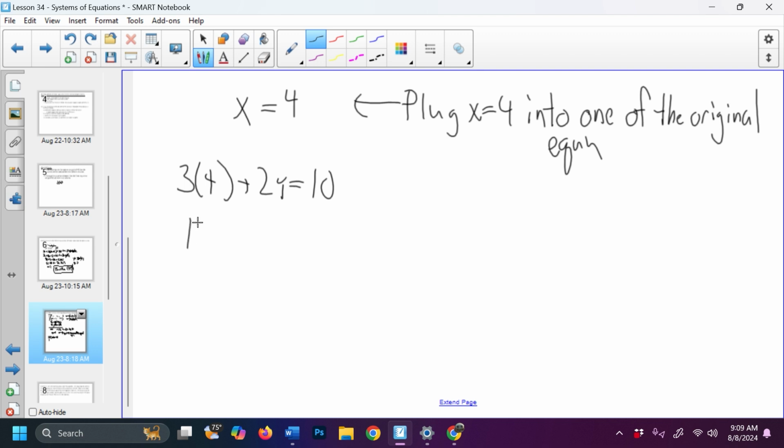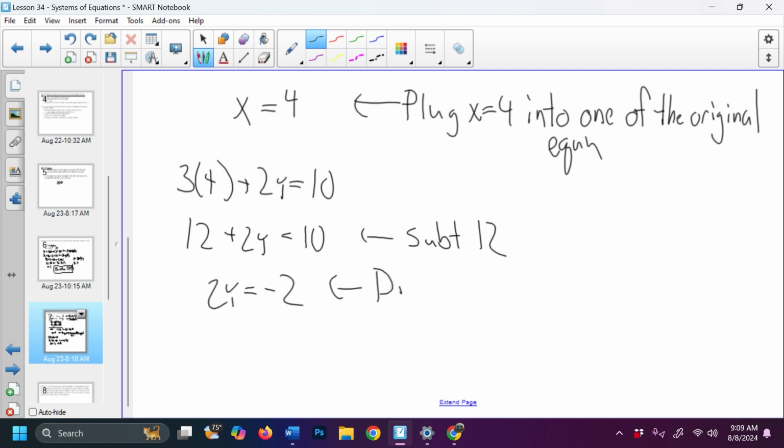And so I'll have 12 plus 2y is equal to 10. And then I will subtract 12. That'll give me 2y equals negative 2. We'll divide by 2. That'll give me y equals negative 1. And so my final answer will be 4, negative 1.